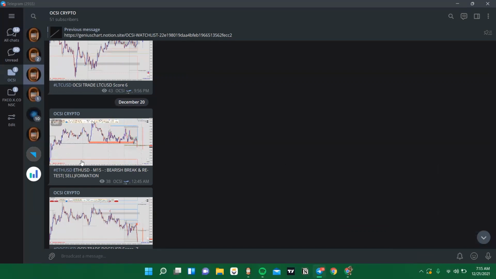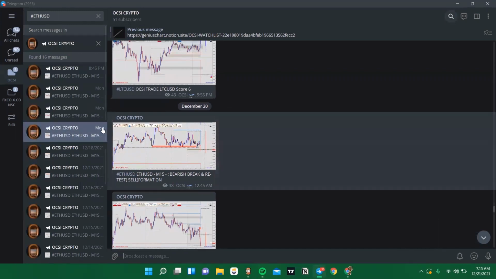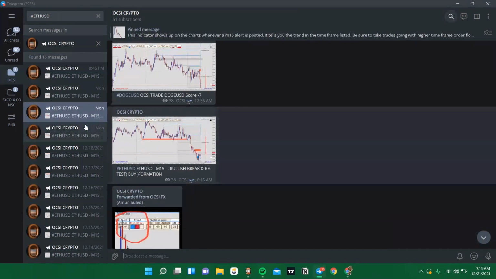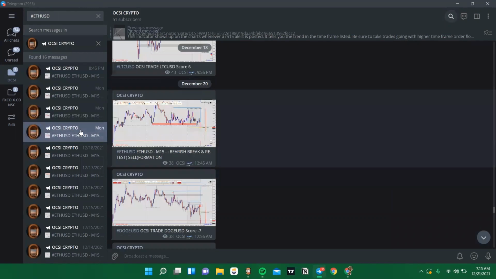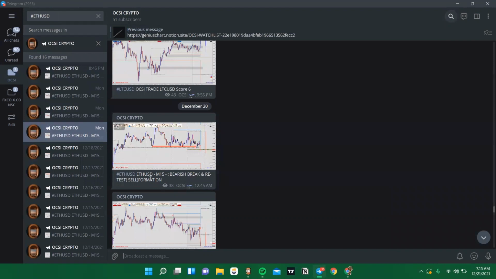So, anyways, there's an ETH right here that was sent. And I believe that was Monday, right? That's the ETH we were looking at. Monday again, it sent another trade. But look at the difference from the first trade it sent, which was telling us, hey guys, there might be a sell here. This is definitely a sell formation.